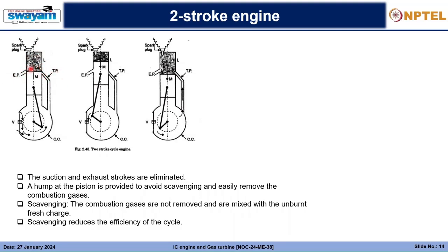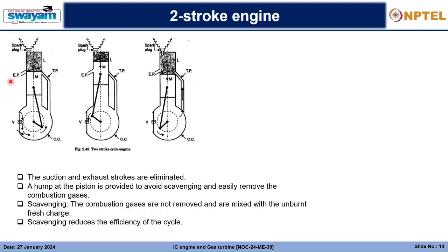You will see this is a triangle shape, and due to this triangle shape, the air charge mixture will be directed upwards, and when it is directed upward, it will push the exhaust gases going down. But again, it is nowhere guaranteed that all of the exhaust product will move out of the exhaust port, and only the fresh charge will be combusted when the combustion occurs.